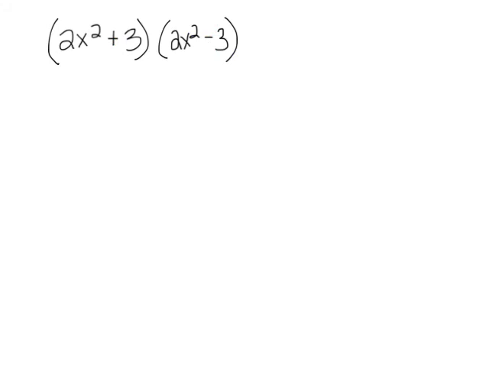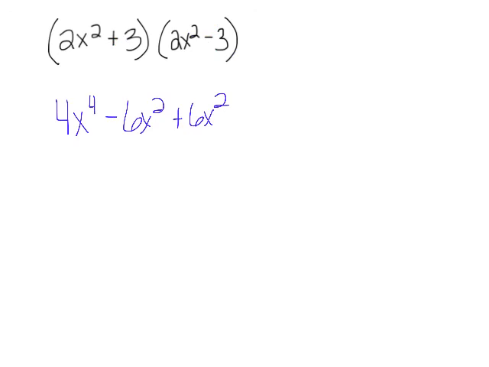So I'm going to multiply 2x squared times 2x squared, and I get 4x to the 4th. Then 2x squared times -3 gives me -6x squared. And then 2x squared times 3 gives me plus 6x squared.